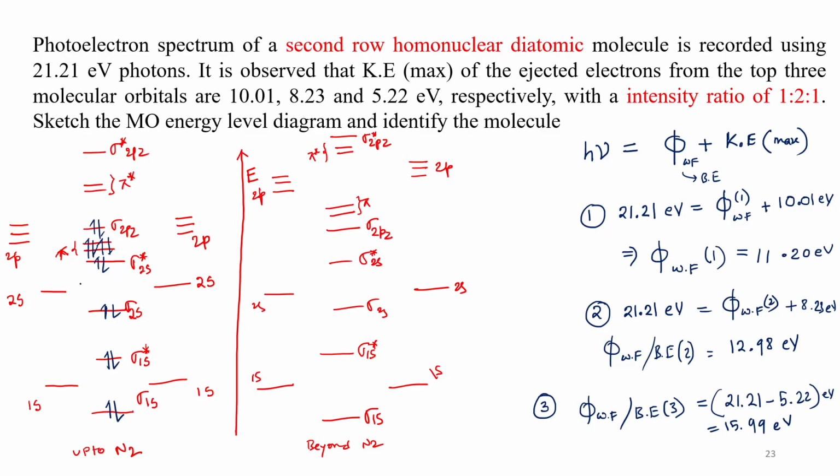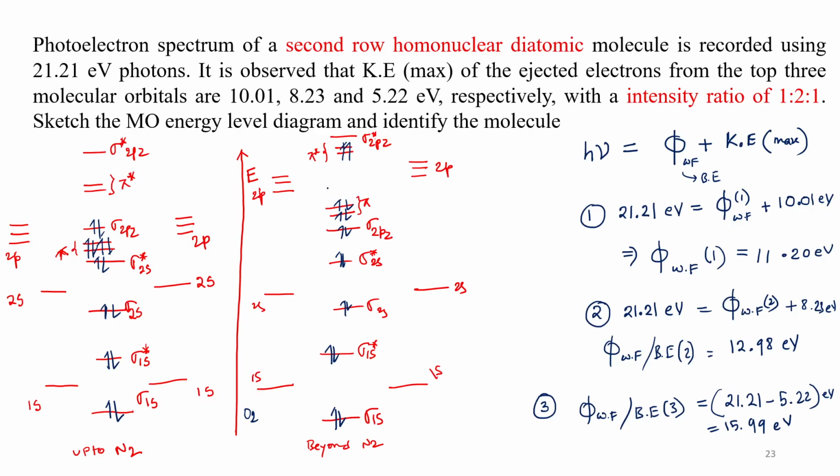We cannot put 2 here before filling up these pi orbitals. And beyond nitrogen there is oxygen. For oxygen it is 16, right? 1, 2, 3, 4, 5, 6, 7, 8, 9, 10, 11, 12, 13, 14. So these are degenerate. Now 1 each, with similar spin, in pi star.